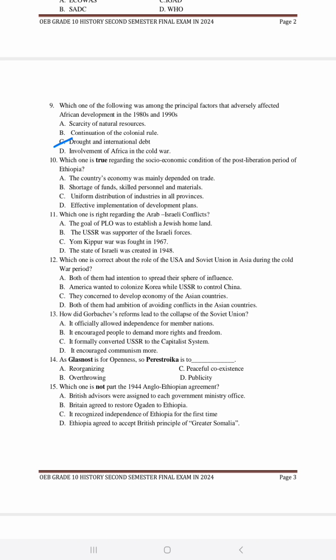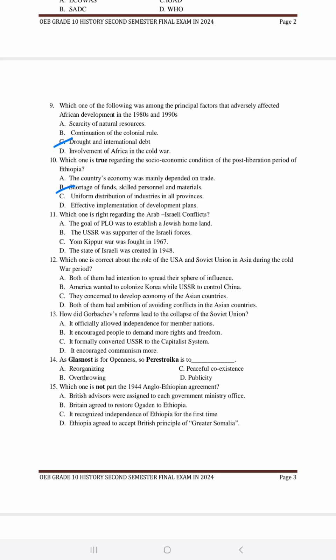Question number 10. Which one is true regarding the socio-economic condition of post-liberation Ethiopia? A. The country's economy was mainly dependent on trade. No, the country's economy is dependent on agriculture. B. Shortage of funds, skilled personnel, and materials. Yes, B is true.